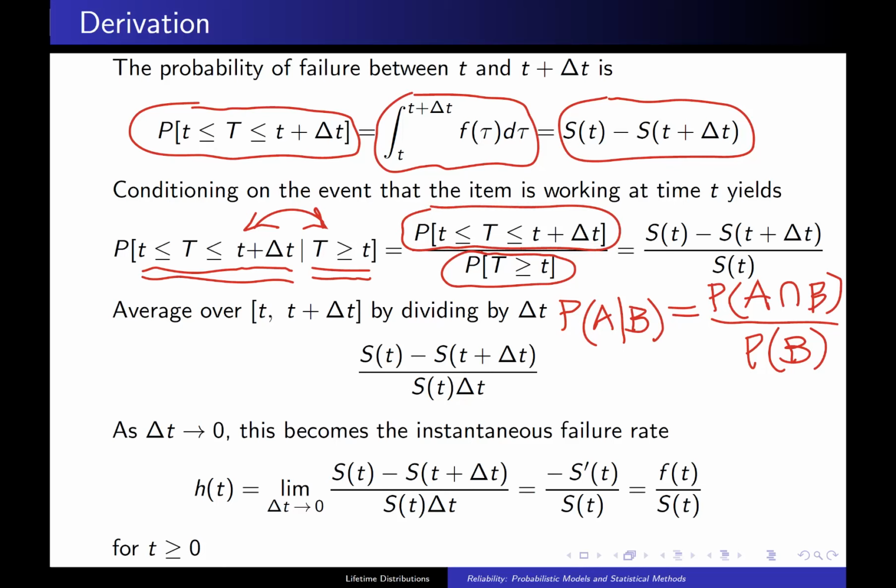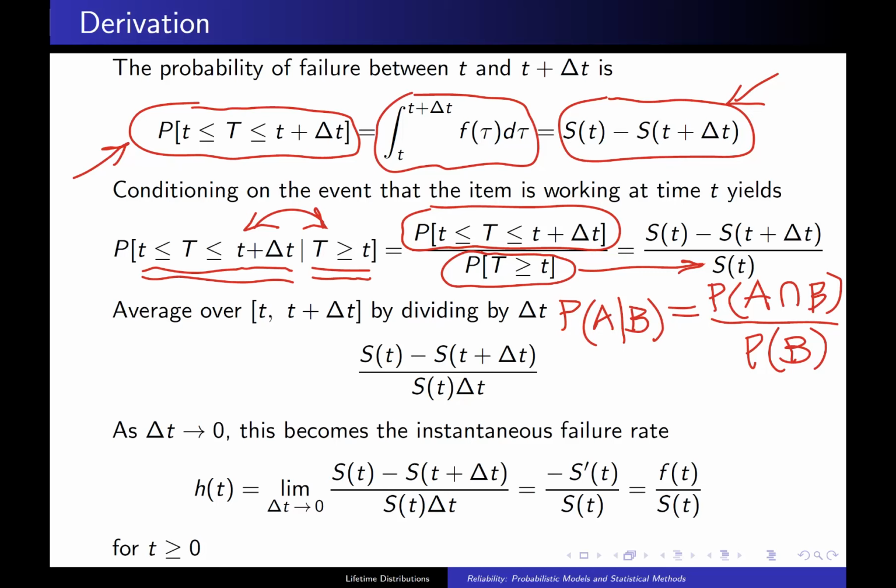Immediately you can recognize the denominator as just the survivor function. The numerator is exactly what we derived above, and we substitute the difference of the survivor function at t and t plus delta t there.